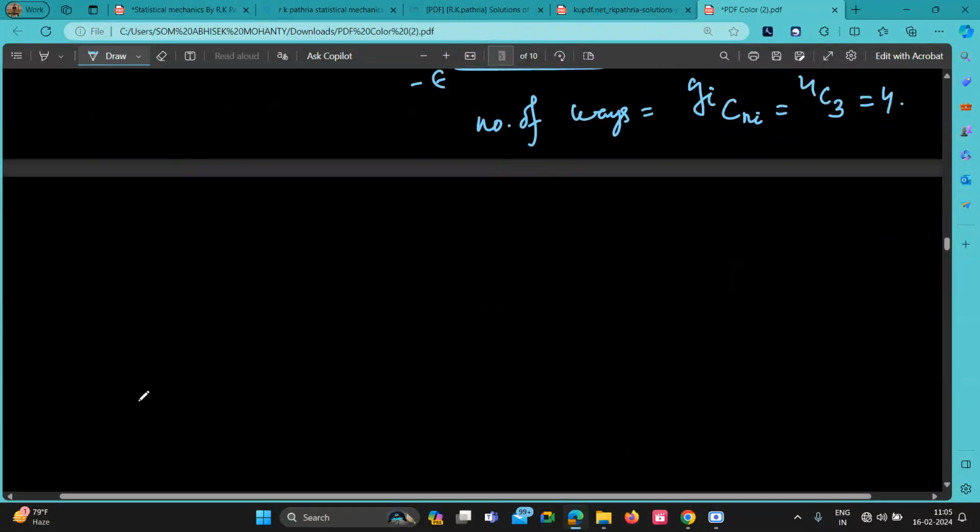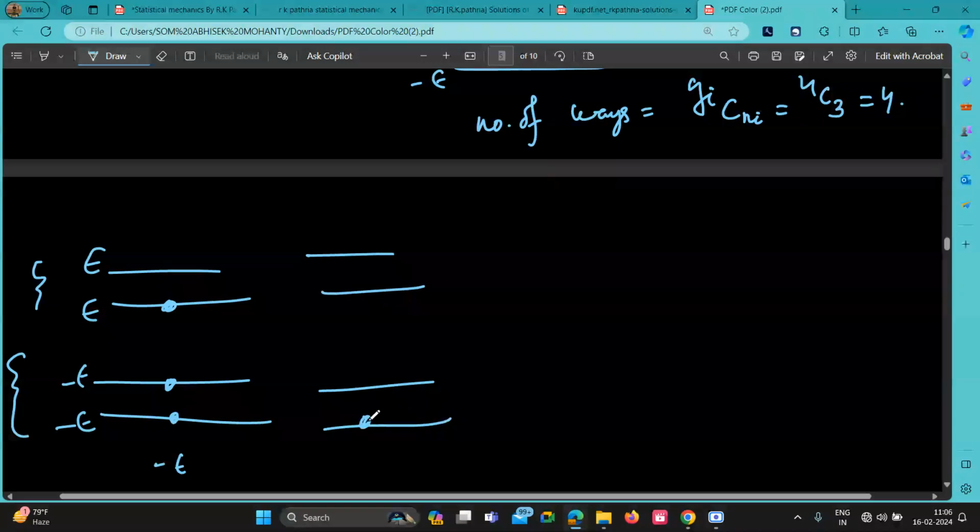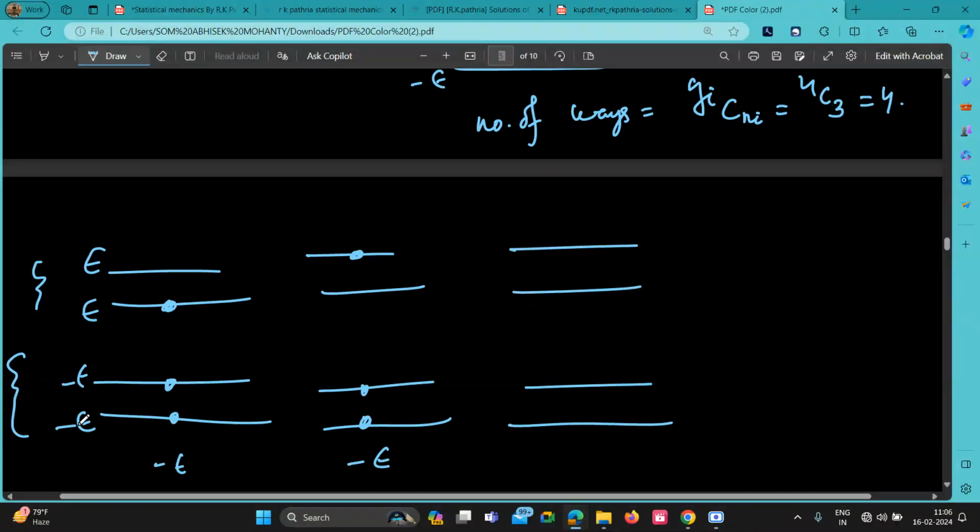Let's do it. See, I'm doing it in pairs, so that you won't get confused. Okay, so three particles are there, right? So one, two, three. These are indistinguishable. Total energy is minus epsilon. One here, minus epsilon. How am I writing this? I'm just adding minus 2 epsilon plus epsilon, that is minus epsilon.